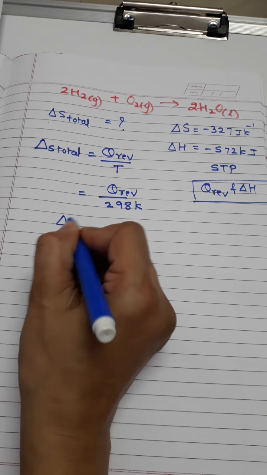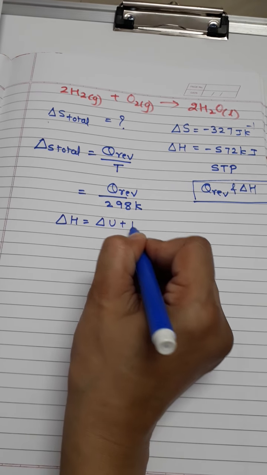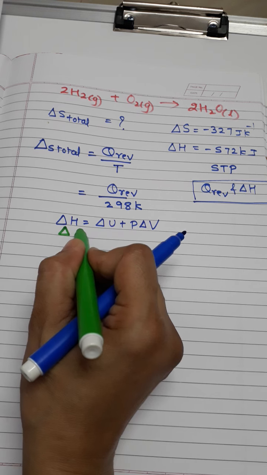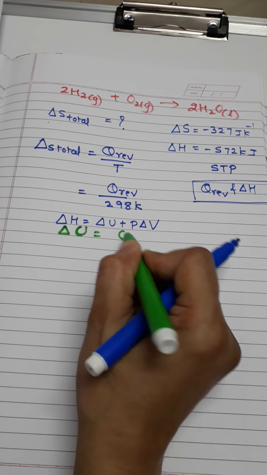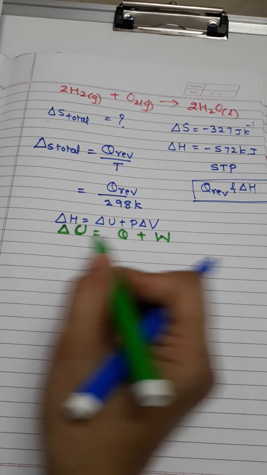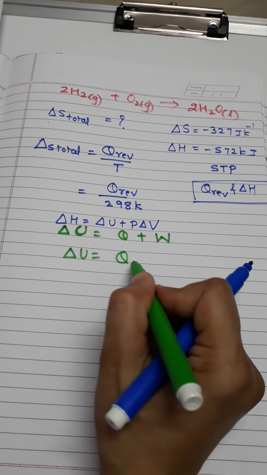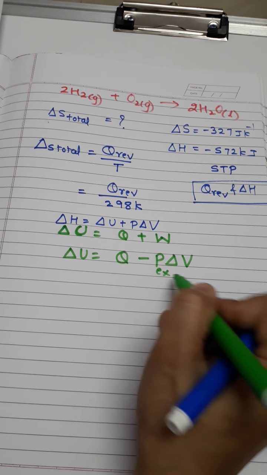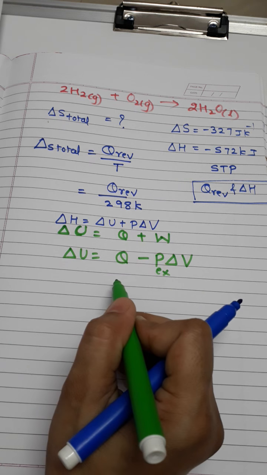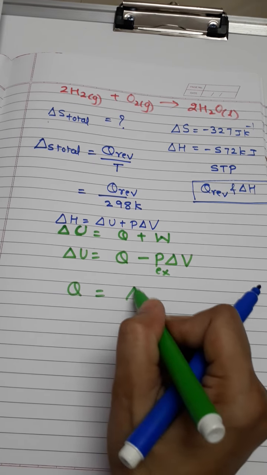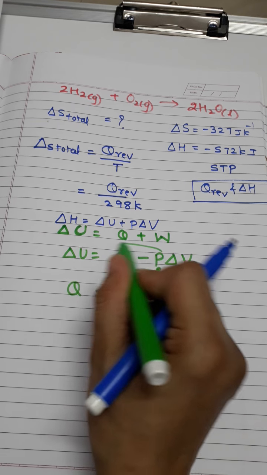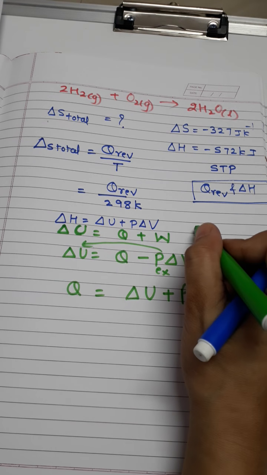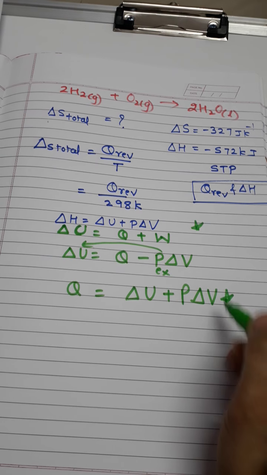So we know that delta H is equal to delta U plus P delta V. From the first law of thermodynamics we know that delta U is equal to Q plus W. Now delta U is equal to Q at constant pressure, with W being minus P external delta V. So hence we can write that Q is equal to delta U, and shifting this to the other side, we get plus P delta V. If you compare these two expressions, they are the same.